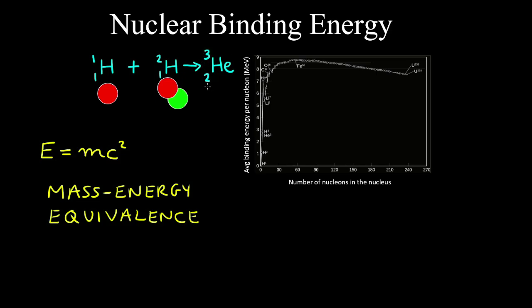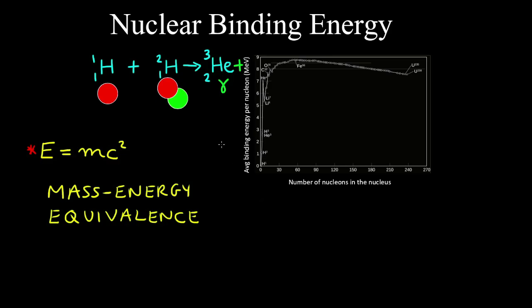So this is one of the helium isotopes. So we expect mass to be conserved in this nuclear reaction. But the mass of the helium isotope turns out to be less than the mass of the hydrogen isotopes. And that's because energy is released in the form of gamma radiation when these two nuclei fuse together. And this is why energy is equivalent to mass, because energy is released when this particular element or mass is formed.